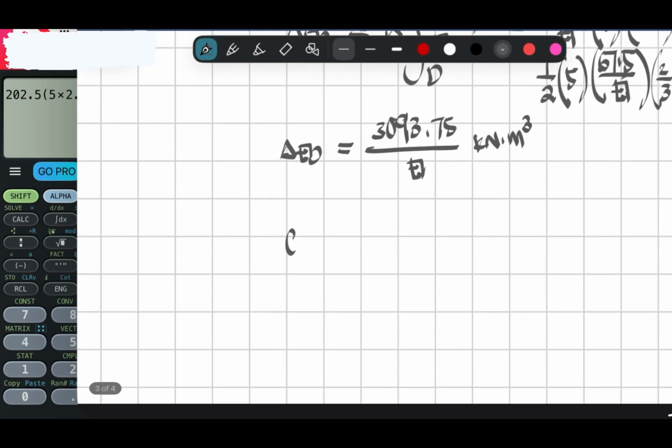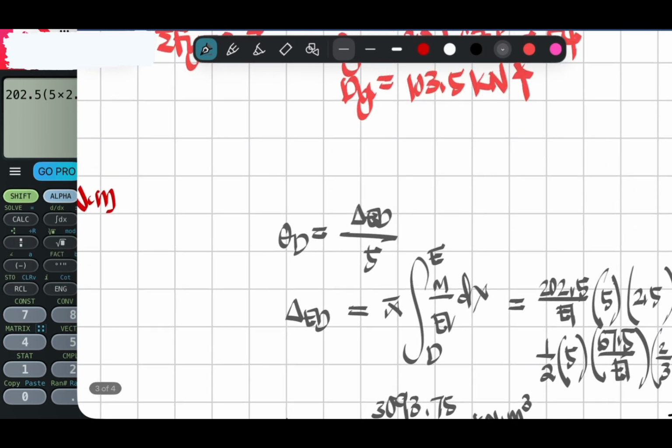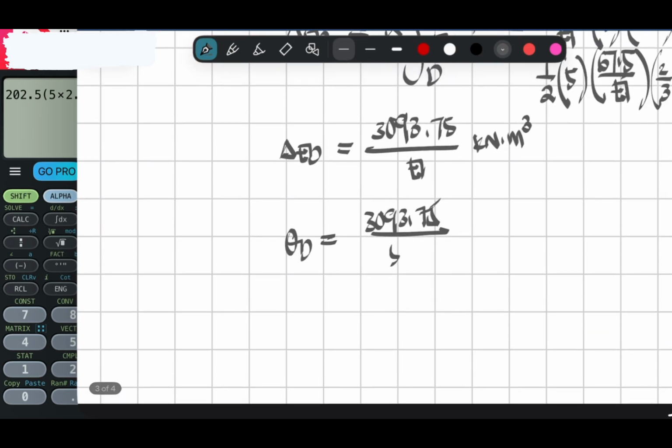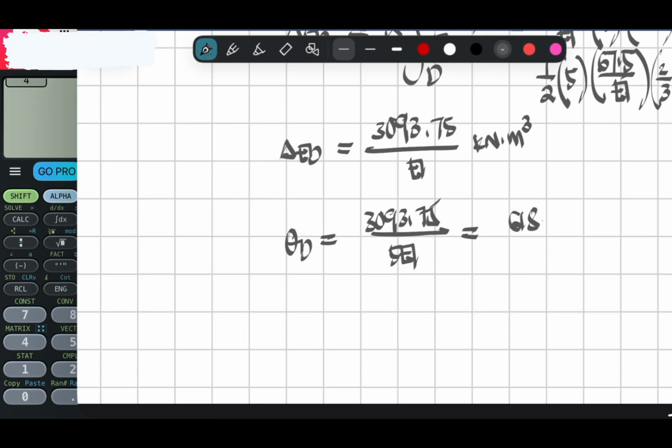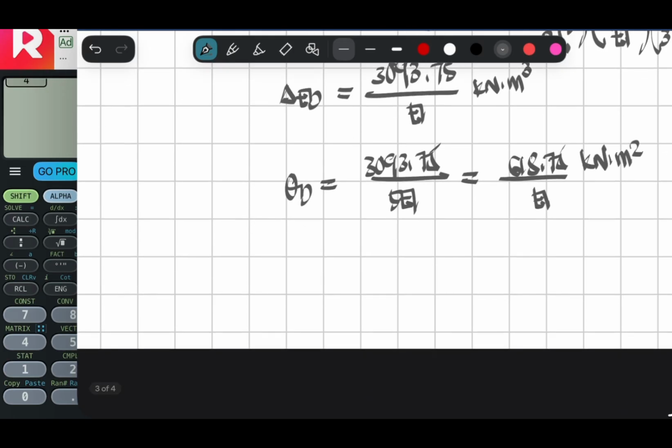Then theta D is equal to 3093.75 over 5 EI, or this is equal to 618.75 over EI, kilonewton meter squared.